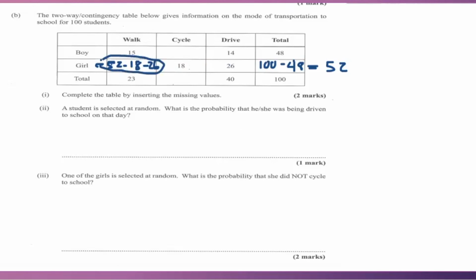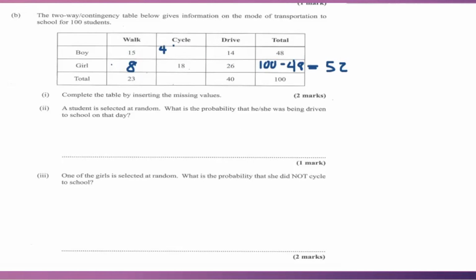So I am just going to replace here. When you have 52 minus 18 minus 26, that's 8. So I'm just going to write 8 in this position. To find out how many boys cycle, then I will say 48 minus 15 minus 14.